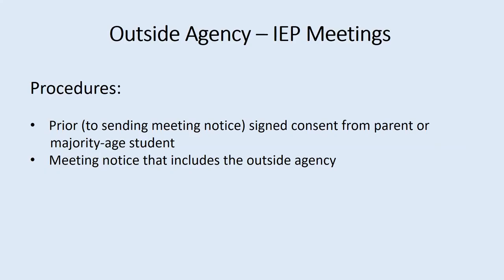And if you do invite them and you're counting on them to provide some information and then they don't come, in terms of a compliant meeting, that's okay. They're not a required participant just because you invite them. They're just an invited participant. So as long as you have your required members, you go right ahead with the meeting. And they can certainly provide information in writing ahead of time.